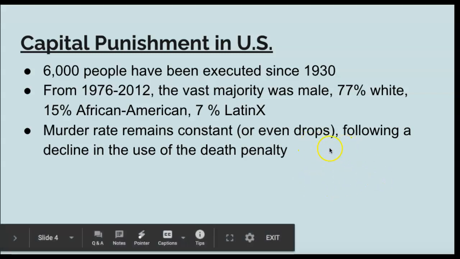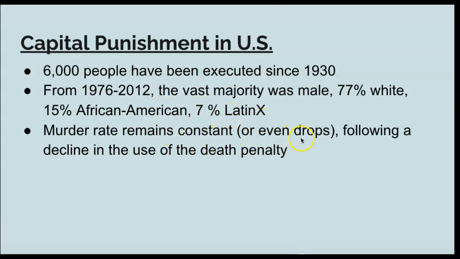If this information is saying that when states stop using or don't use the death penalty as much, they actually see a drop in the murder rate, or it just stays about the same. These are questions that you want to ask when you are looking at these real life situations through the sociological lens.